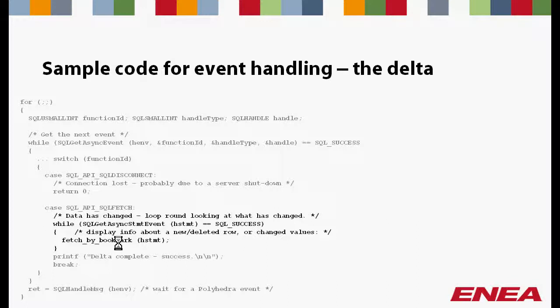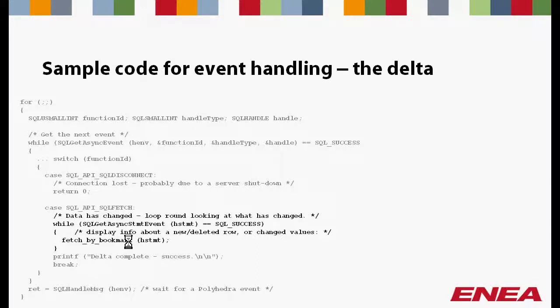In the case of an update, this fetch by bookmark function will be able to detect which fields have been changed for this record. In the case of a deletion, the ODBC library on your behalf will have cached the previous reported state of the record, and you'll be able to access this inside that bookmark function, and therefore you'll be able to tidy up as the record disappears. In this particular application it will just be a question of reporting the record has been deleted.